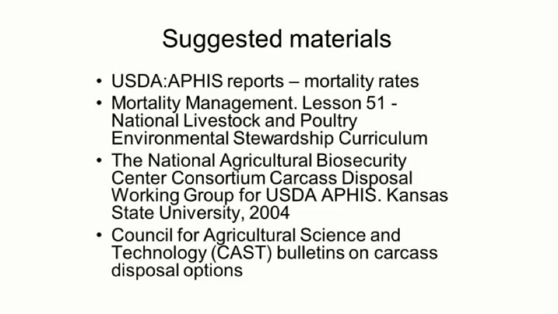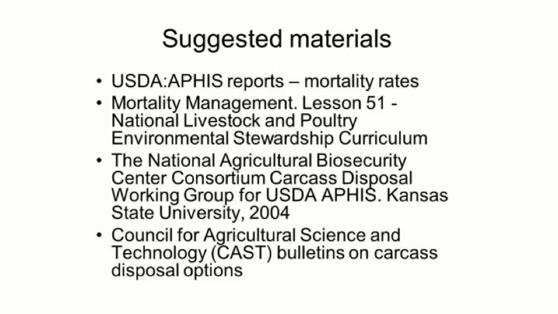And then there is a document, Lesson 51, in the National Livestock and Poultry Environmental Stewardship Curriculum. And that lesson talks more about mortality management and the options we're going to go through. An excellent publication. Another excellent publication is the National Agricultural Biosecurity Center Consortium Carcass Disposal Working Group publication, published in 2004 by Kansas State University.